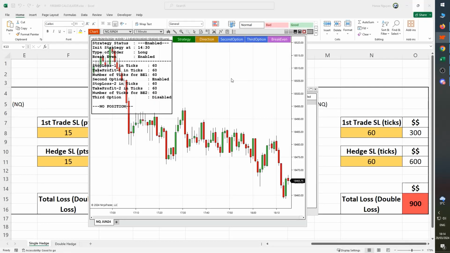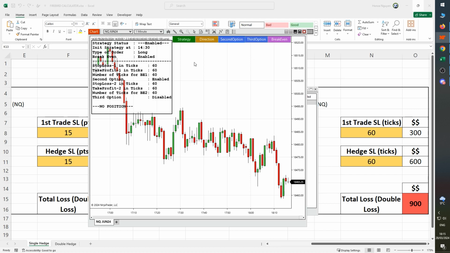When you enable it, it should show on the chart here, and you can double check if it's everything you wanted. If you want the third option, you press this to enable it. Second option, this, and your break even is this or whatever, but yeah, I don't use that. Yes, disable BE.